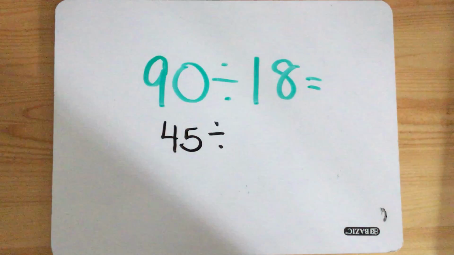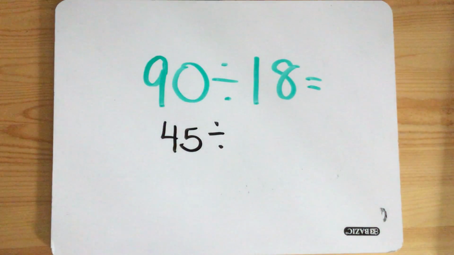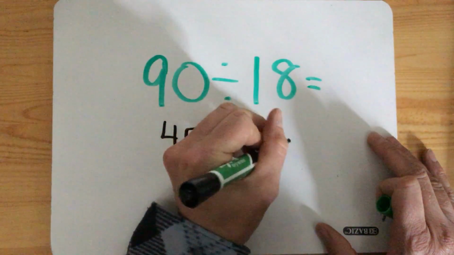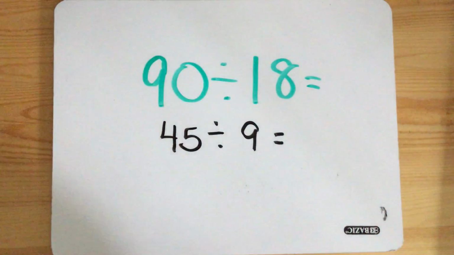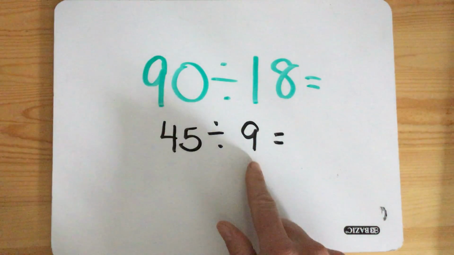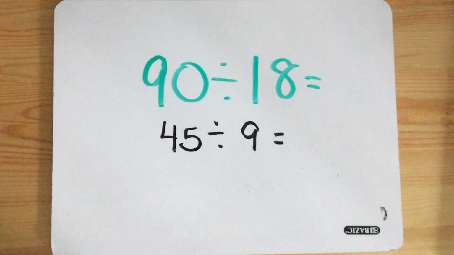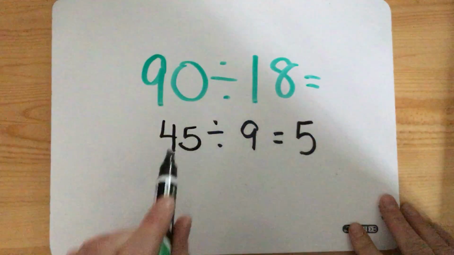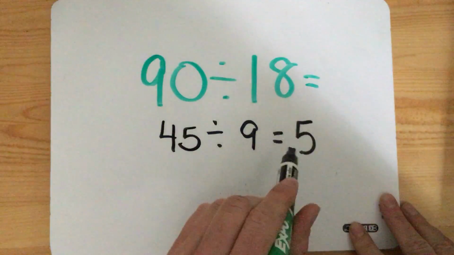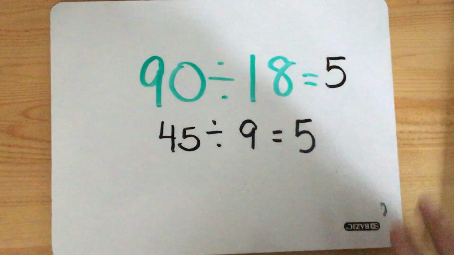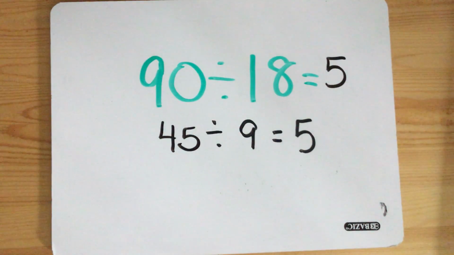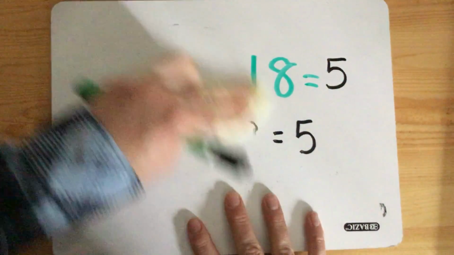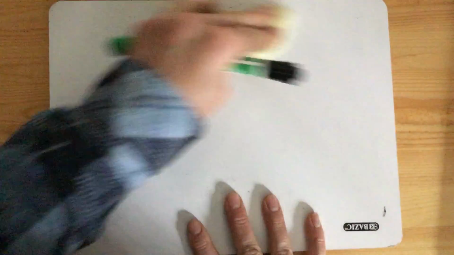Then I ask myself, what is half of 18? What plus what equals 18? 9. Now, this is a basic fact I should know. 45 divided by 9. 9 times what equals 45? 5. So then that means that the answer, 90 divided by 18, is 5. So halving it will make it faster and more efficient, quicker than always doing the long division way.